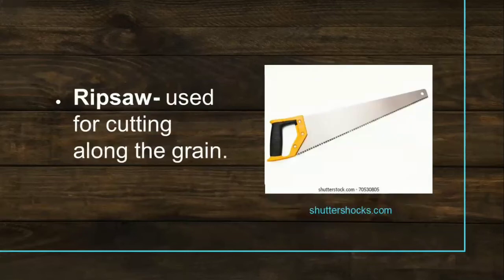Then, the rip saw is used for cutting along, again, along the grain. The rip saw is also called a tooth saw. It is an all-purpose, hard-working tool for when you want to make rough cuts. If you want a rough cut on your wood, you could use the rip saw, because the teeth alternate between left and right bends.